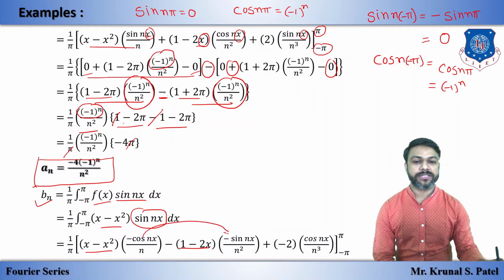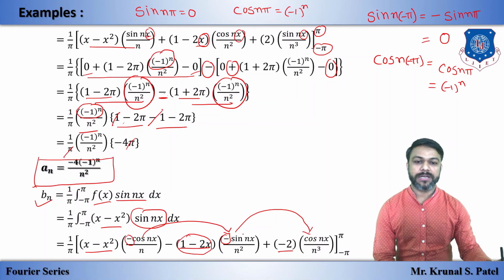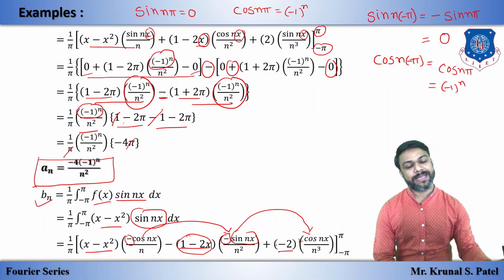Again integration of this term: minus carried forward from here, and integration of cos nx is sin nx by n, so this is n square. And this minus and plus, differentiation of 1 minus 2x is minus 2. Again integration of this term: minus carried forward, but integration of sine is minus, so minus minus plus over here, and cos nx by n, and this n square, so n cube.